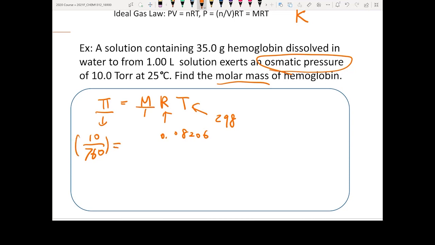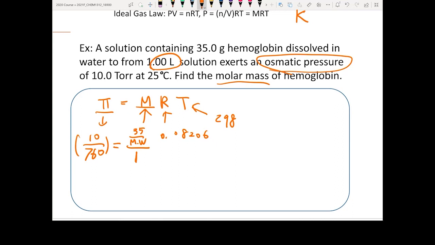Now what is the molarity? We know it's the number of moles per liter, and we know it's 1 liter, so the liter just equals 1. The number of moles is defined as the mass of your solute divided by the molecular weight. What's the mass you have here? 35. And then you want to know the molecular weight.